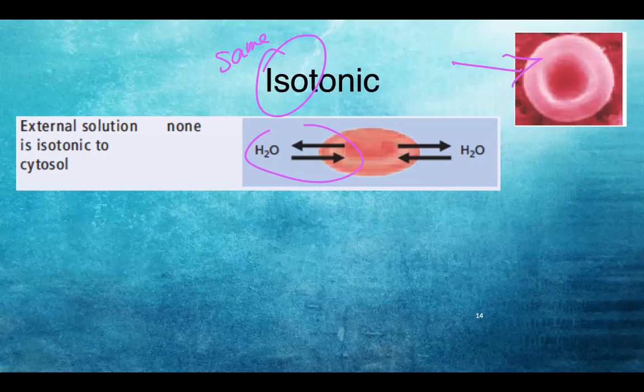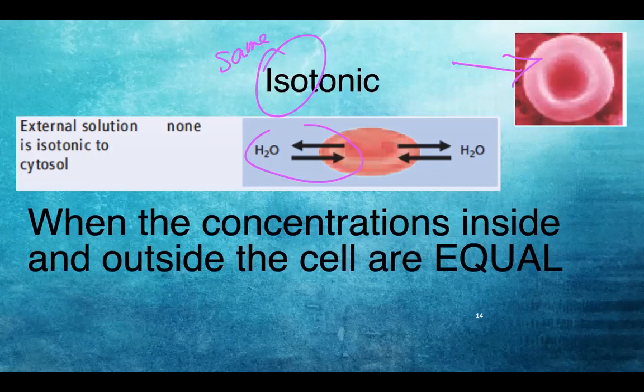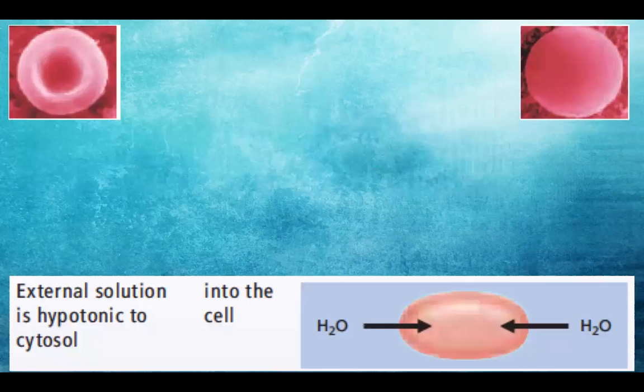But if we put the red blood cell in what's called hypotonic, hypo meaning more than, that means that the external solution is hypotonic to the cell.